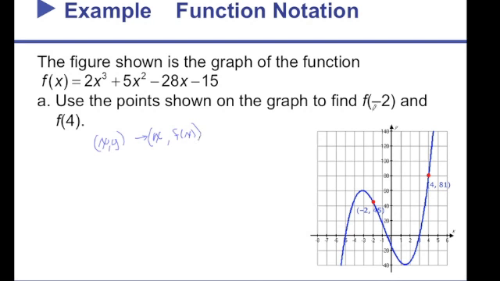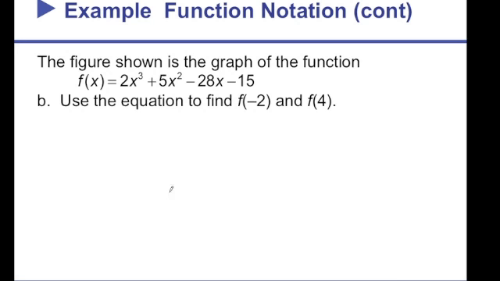So since we would have negative 2, 45, f of negative 2 from the graph is 45. And from the graph, f of 4, since we have the ordered pair 4, 81, f of 4 would be 81. So remember those values.